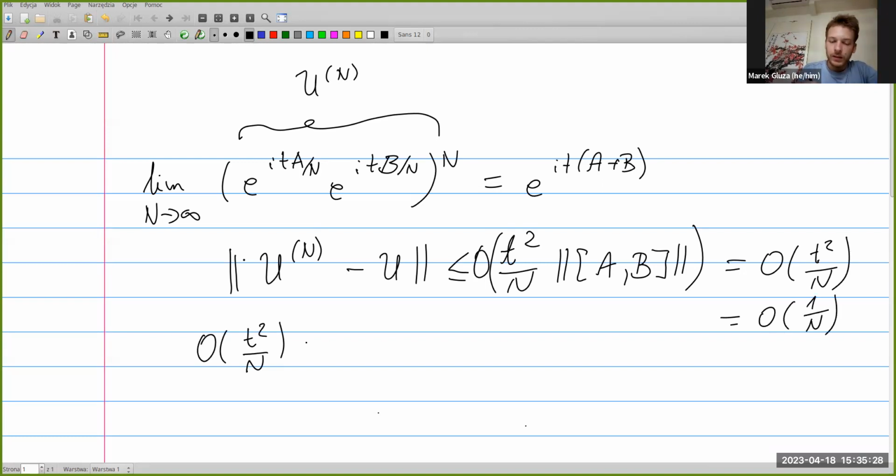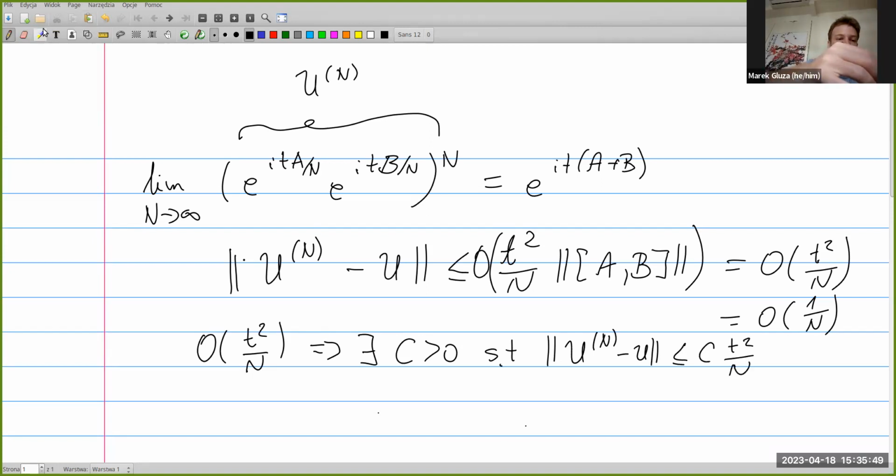So to recap, this would mean that if I write something like this, then there exists a constant such that U_n minus U is bounded by this constant times t squared over n. And if this is the exact bound and I didn't forget a factor of 1/2, or a 2, maybe I put a 2 in case I forgot it. So I'm just increasing the upper bound here, right?